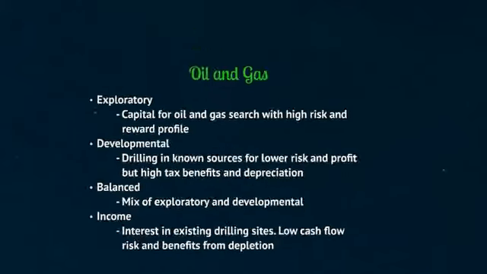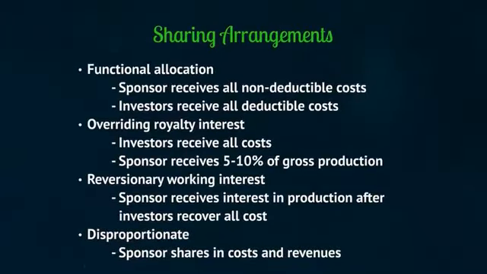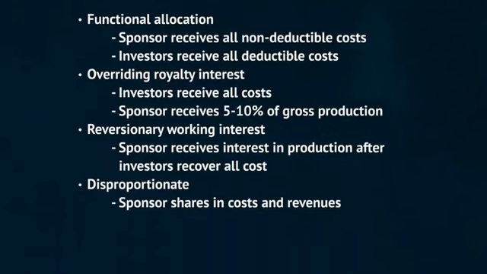We also want to know how we share the costs and the incomes and production from these types of investments. So there's different types of sharing arrangements: functional allocation, something called reversionary working interest, and disproportionate. So you'll want to know that before you get into this type of arrangement as well.